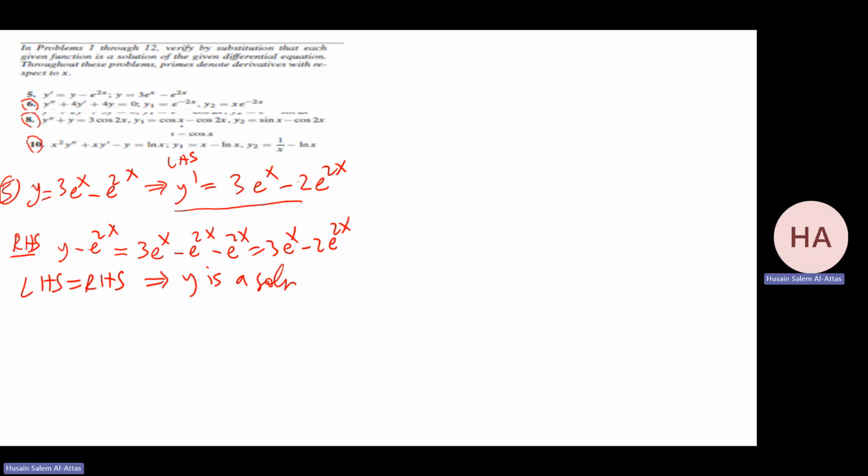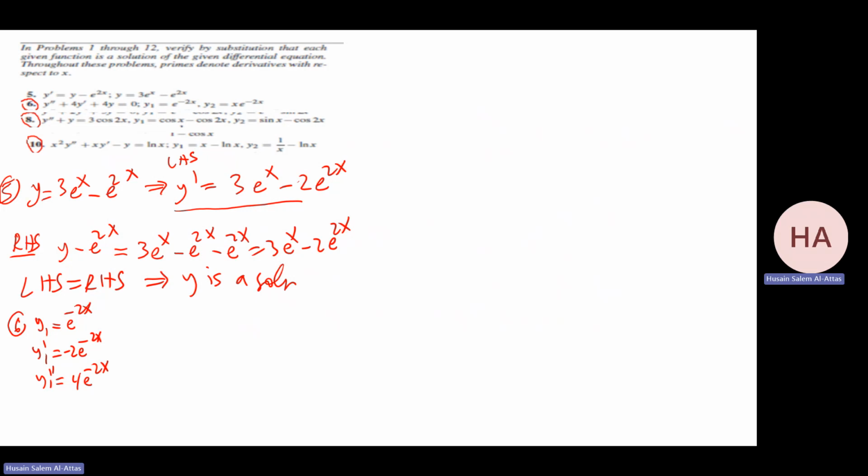Number 6, he wants me to do both. Each given function, I have two functions given. It's a matter of calculation, let me do it quickly. y1 equals e to the minus 2x, y1 prime is minus 2, y1 double prime is 4.